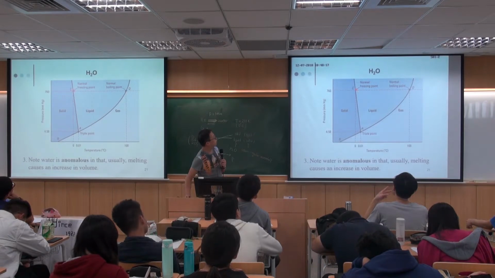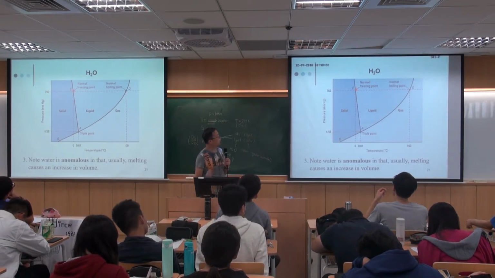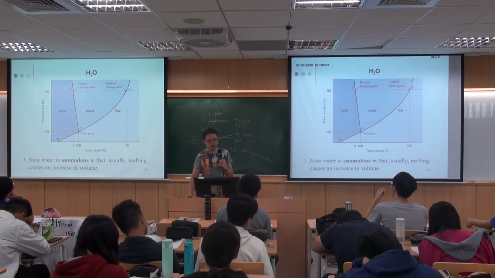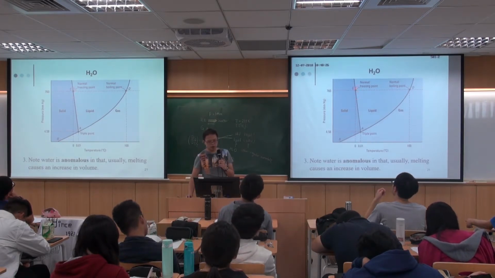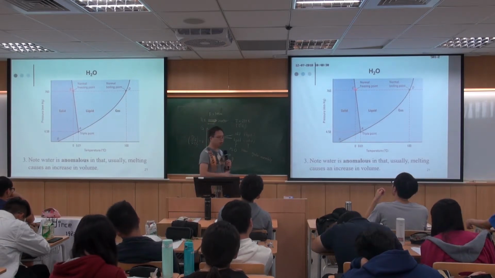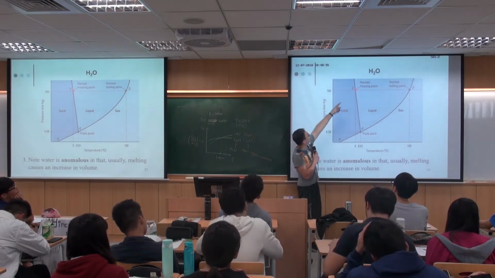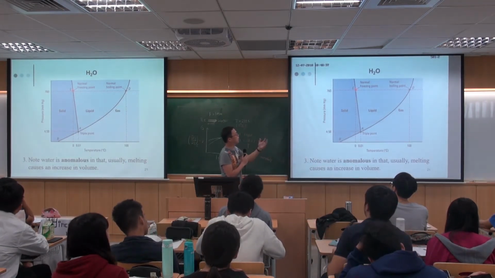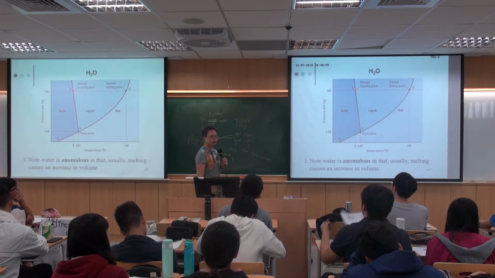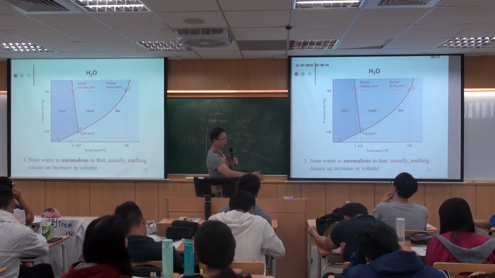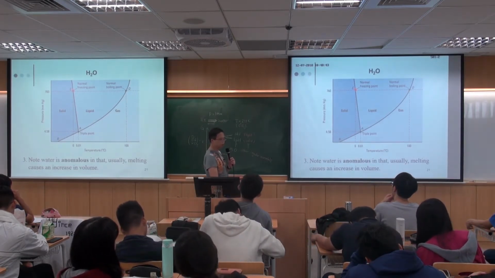If you start from here and increase the pressure, which means you go upward from here to here, you will become purely liquid phase. Originally you are here, and if you increase the pressure, you'll go across that borderline of the two phases and enter the pure liquid phase.